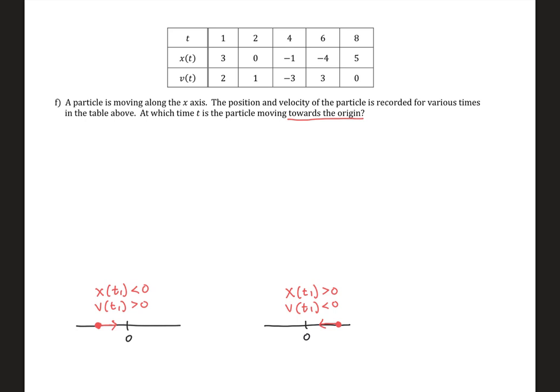So the position is positive, but it's going to the left. Positive position, negative velocity. Notice what we really want: we want the position and the velocity to be different signs. Now that we know that, this becomes really easy. They gave us the position and velocity at every point, so we can just look for where the position and velocity have different signs, and at t equals 6, they have different signs. So that's the answer, t equals 6.